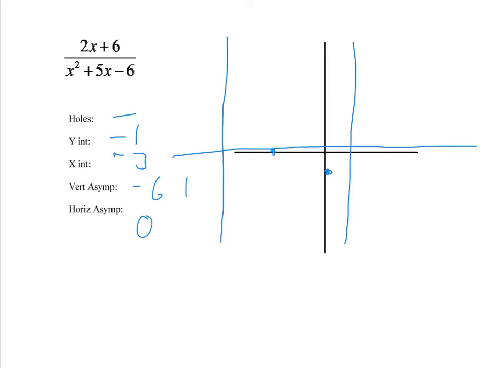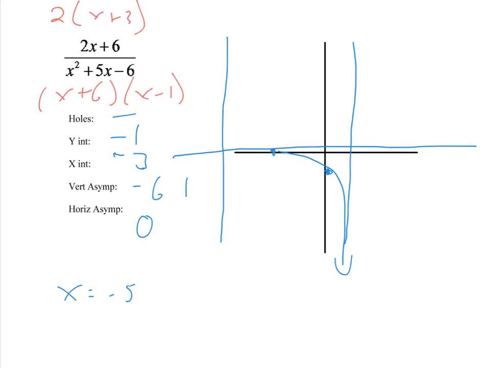But I know that this graph is going to go from my root and then hug the vertical asymptote, passing through also my y-intercept. And if I let x be a number like negative 5, you can see now up top, okay, let's just throw that into our function and see what happens.